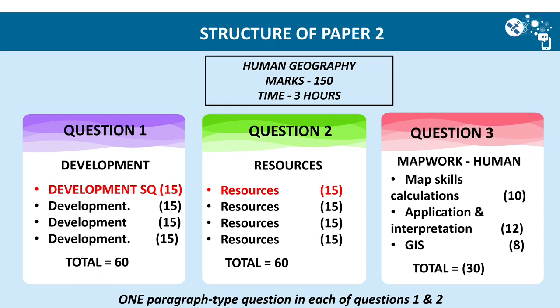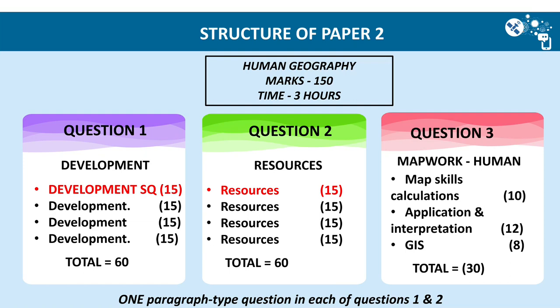The Mapwork question is also very similar to question 3 in paper 1, except that now the focus will be on the human section of geography. Once again, 10 marks will be allocated to map skills and calculations, and usually the skills and calculations that you are asked here should be different to the ones that you were asked in paper 1.